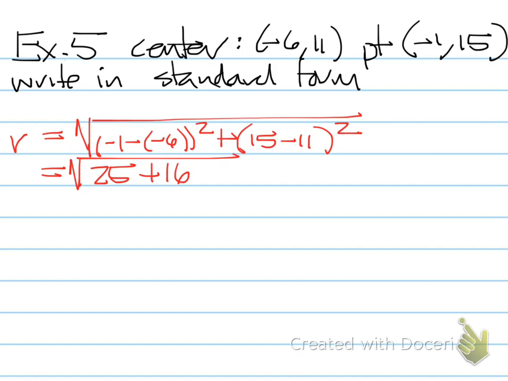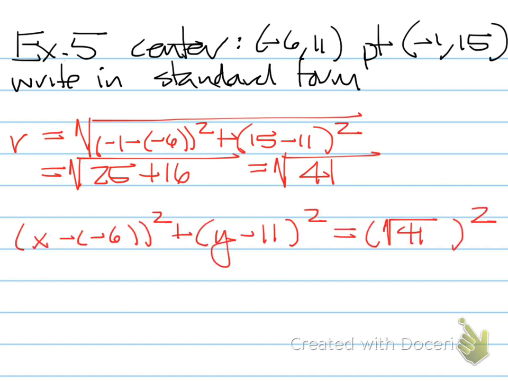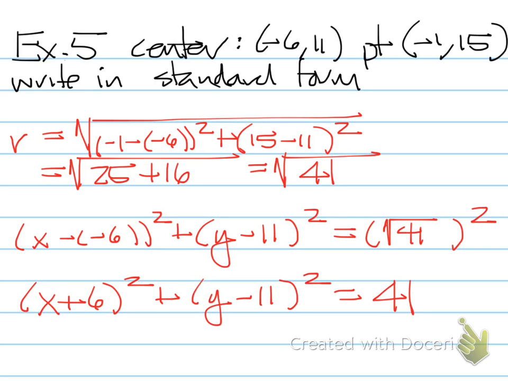We get 25 plus 16, which is 41. So the radius is the square root of 41. So now we can write our equation. x minus the x coordinate of the center squared plus y minus the y coordinate of the center squared equals the radius squared. So x minus -6 is just x plus 6. And then the square root of 41 squared is just 41. That is the equation of our circle written in standard form.